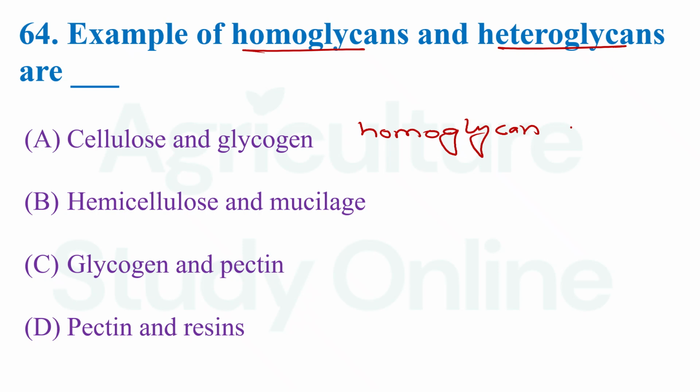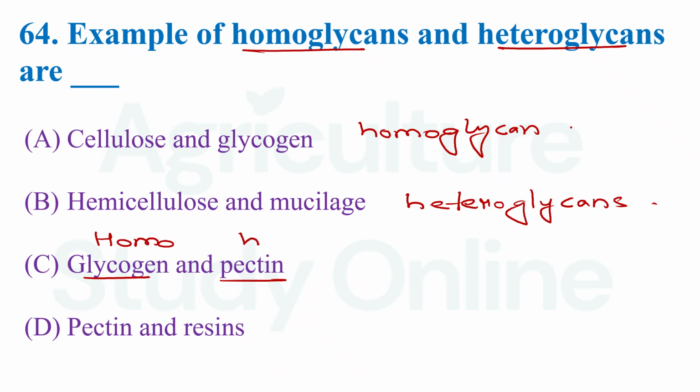So they both are the example of heteroglycans. Glycogen and pectin. So glycogen, it is an example of homoglycan, and pectin, it is an example of heteroglycan. Homo means only one glucose, and over here pectin means it is having galacturonic acid and other compounds.